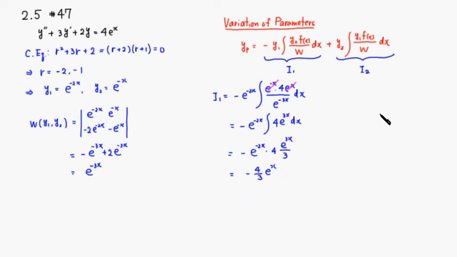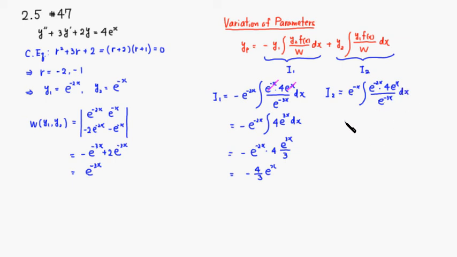How about I2? Let's compute that. I2 is y2, which is e to the -x, times the integral of y1, e to the -2x, times the right-hand side, 4 e to the x, divided by e to the -3x, dx.